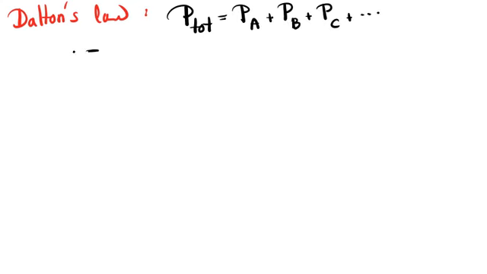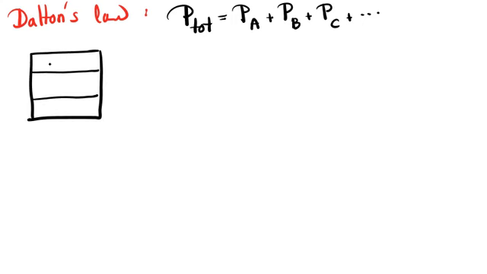Assume that we have a mixture composed of three gases. The first gas has 1.0 atmosphere, the second gas has 3.9 atmosphere, and the third gas has 2.3 atmosphere.